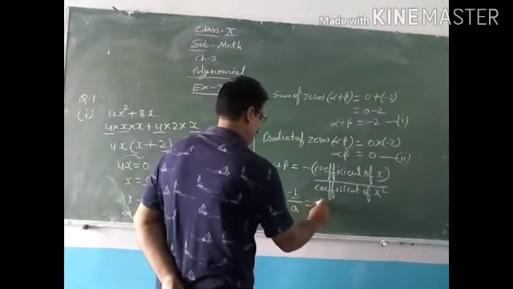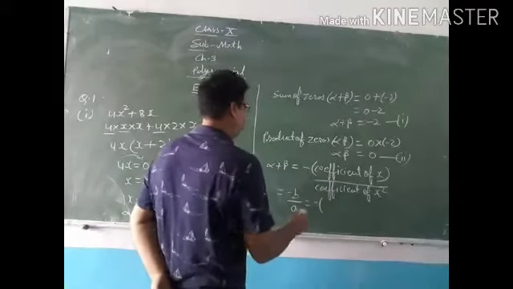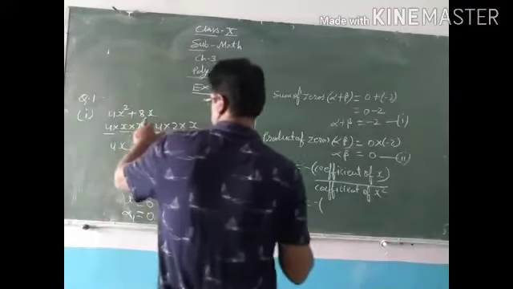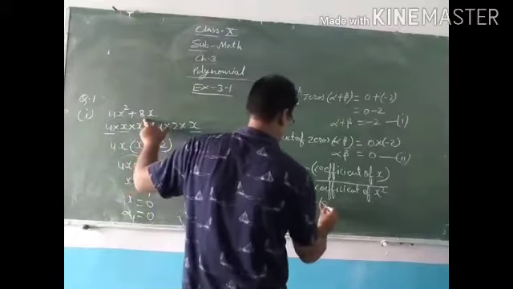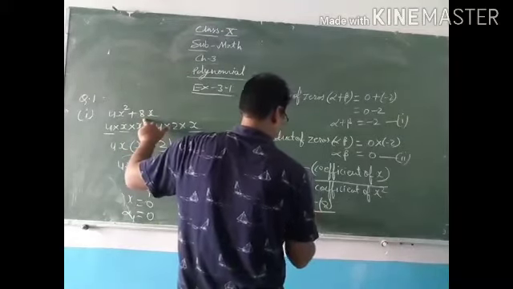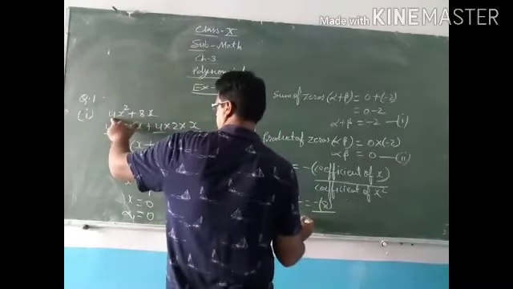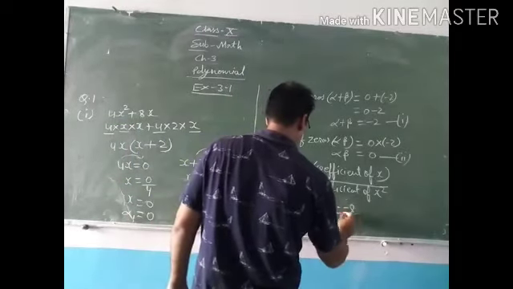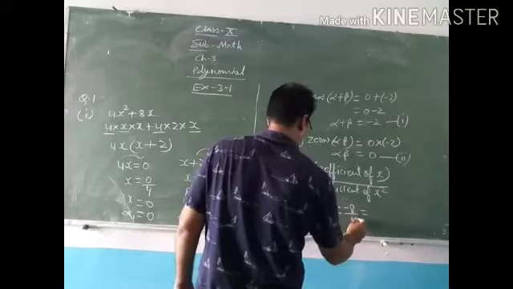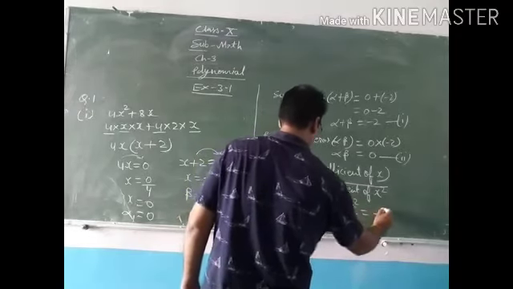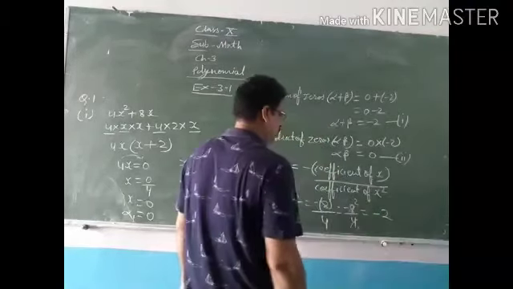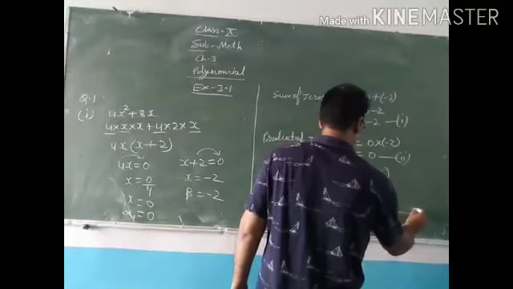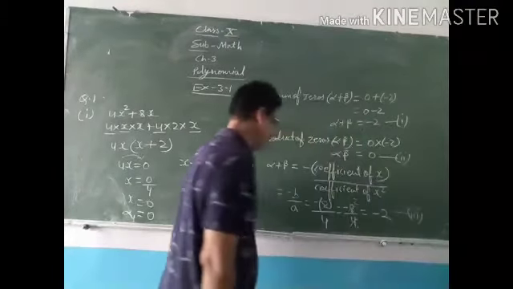So that means minus coefficient of x, here 8, upon coefficient of x square, means a, means 4. So minus 8 upon 4. That means 4 ones are 4, 4 twos are 8. Answer is minus 2. This is equation 3rd.